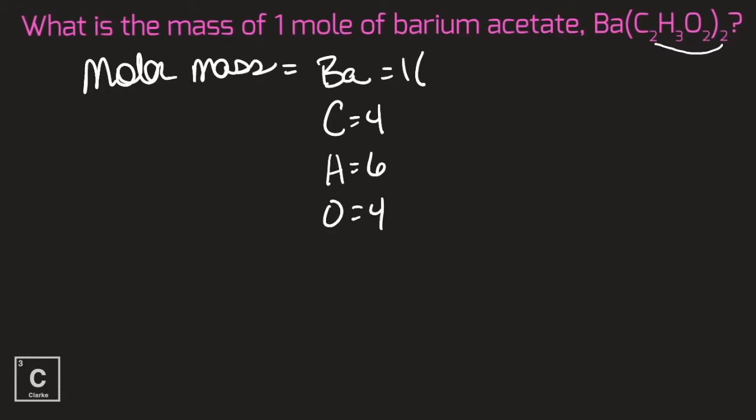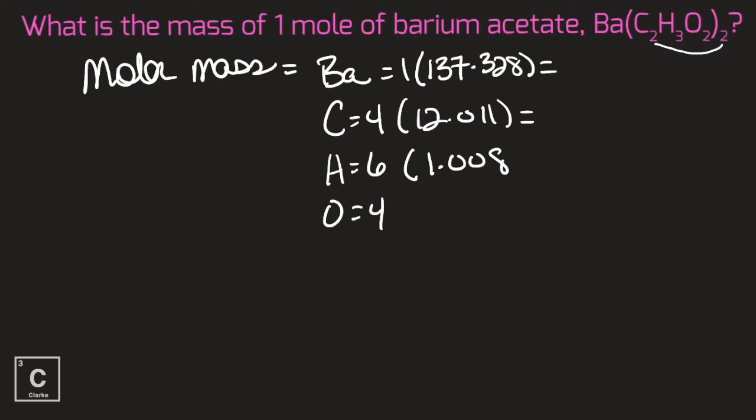When I look on my periodic table for barium, I'm seeing the mass to be 137.328. Carbon is 12.011. Hydrogen is 1.008. And oxygen, 15.999. Now, if you're not in my class, your teacher may allow you to round. I do not, so we put all the decimal places. I'm just going to go ahead and carry this over so everything just lines up when we add everything together.